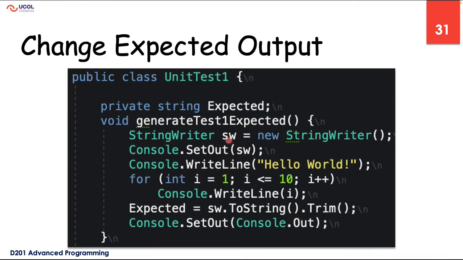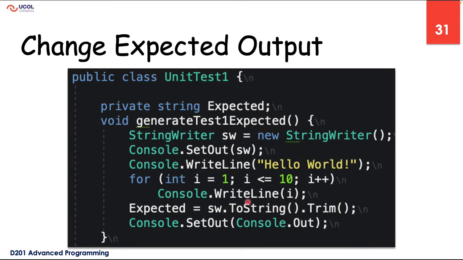First of all, we are saying that sw is equal to new StringWriter. We use Console.SetOut(sw), Console.WriteLine. We say hello world, exactly what we are doing inside our main program. And then for i equal to 1, i less than or equal to 10, i plus plus, we are writing 1 2 3 up to 10 on the console as well.